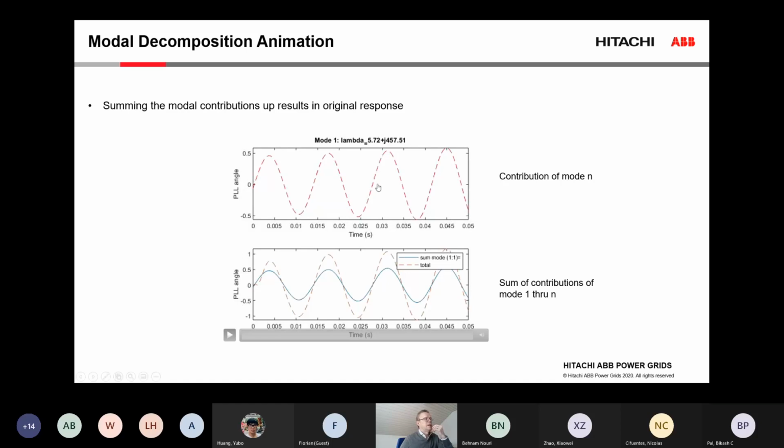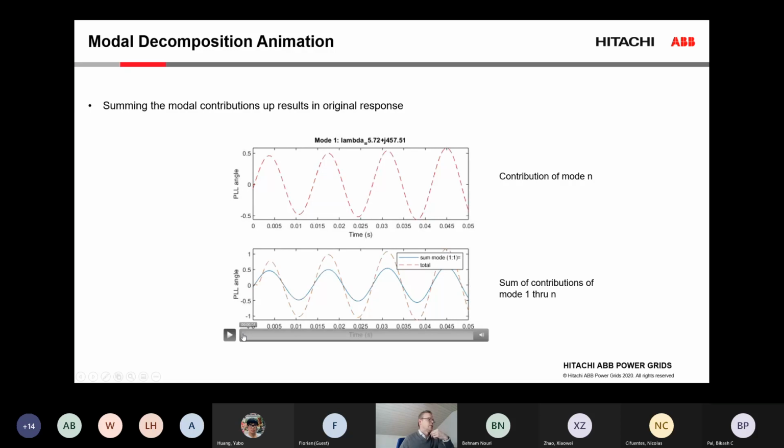And what you will see here in the top half of the figure, we see the contribution of a certain mode or a certain eigenvalue. Here we see the dashed curve, this is the total system response. So we see there was a slowly growing instability here at a certain frequency, and the blue line will be the contribution of each mode.